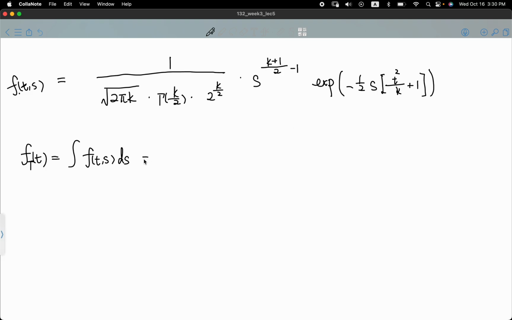Okay, so let's see. You have the same normalizing constant here.